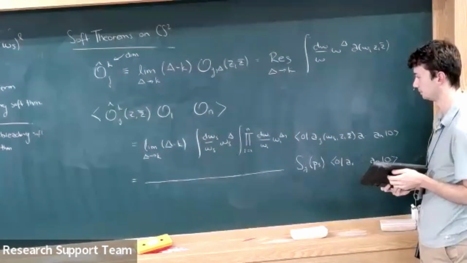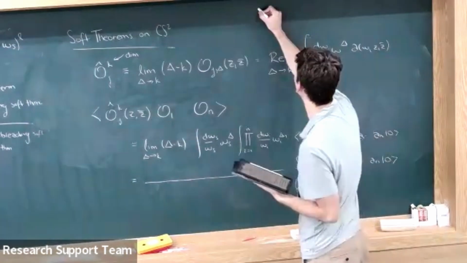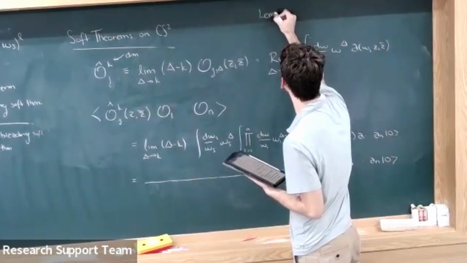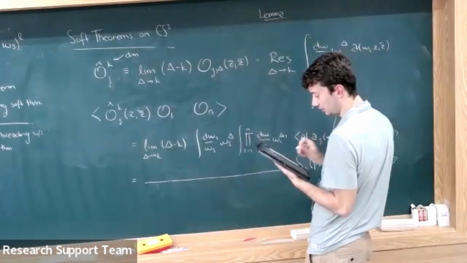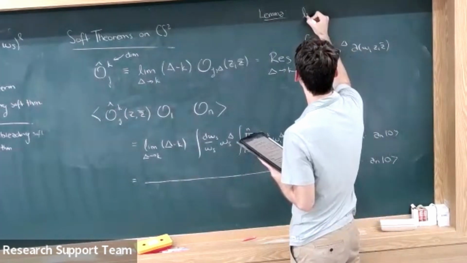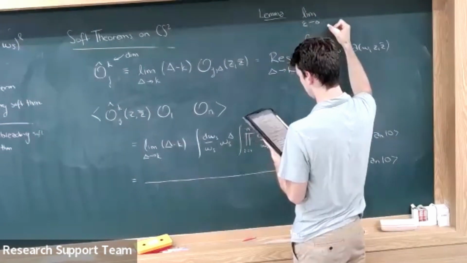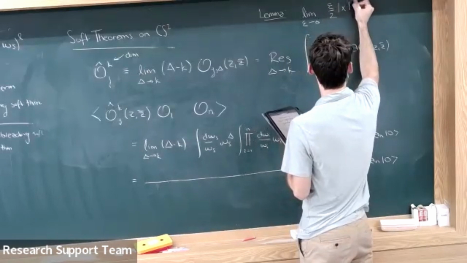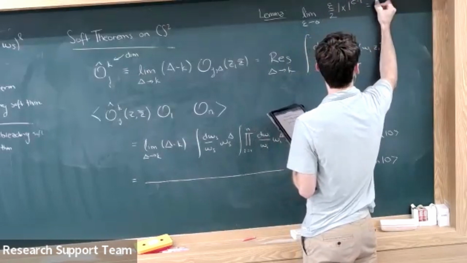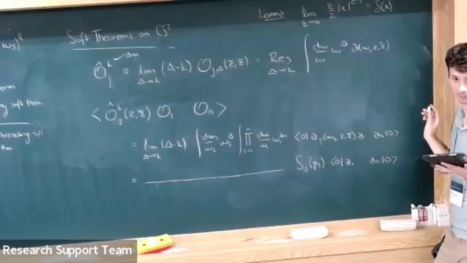Good, okay. The next thing we need is the following lemma, which is given to us by our friends in the math department, these analysis people. And the lemma is that the limit as epsilon goes to 0 of epsilon over 2 x to the epsilon minus 1 is just delta of x. And this holds in a distributional sense.